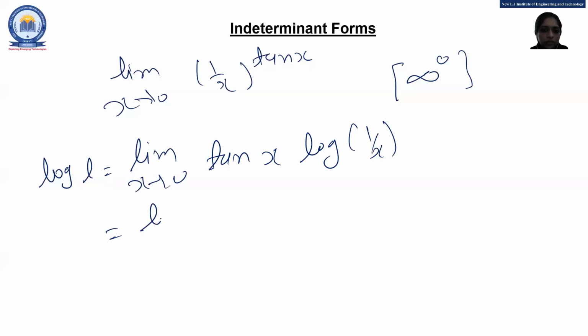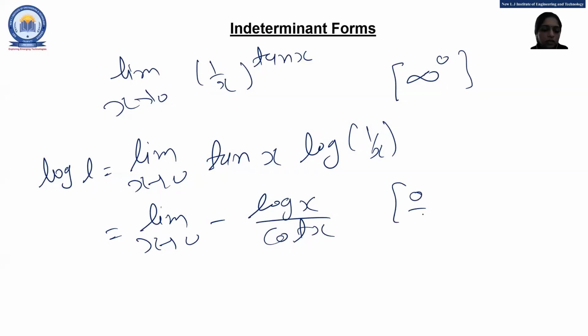So I keep this as limit x tends to 0, minus log x upon cot x. This is, sorry, infinity by infinity form. The next steps you have to do by yourself, and your final answer is 1.